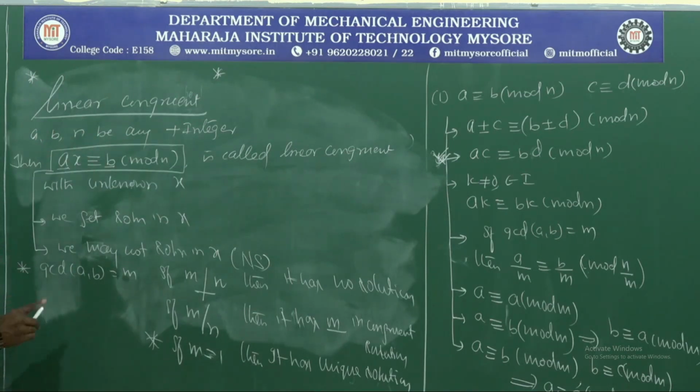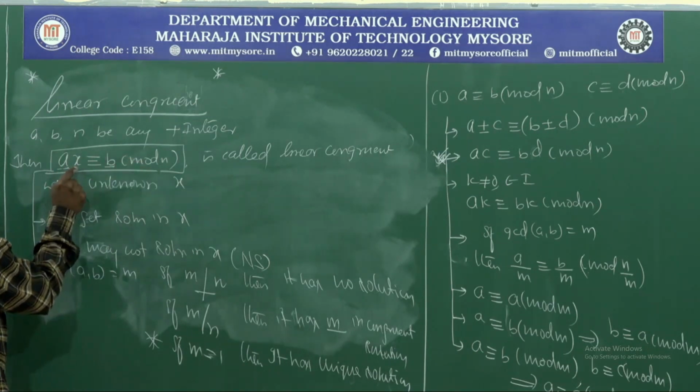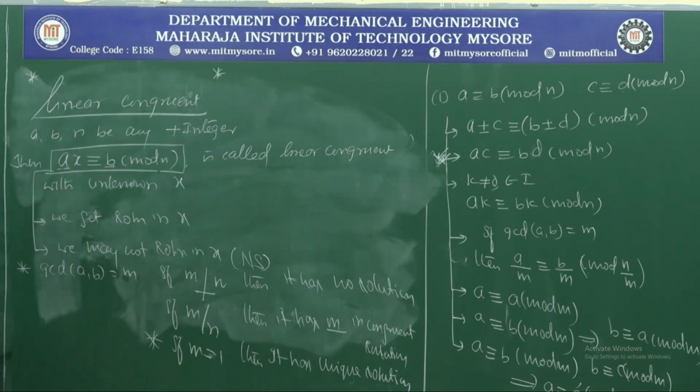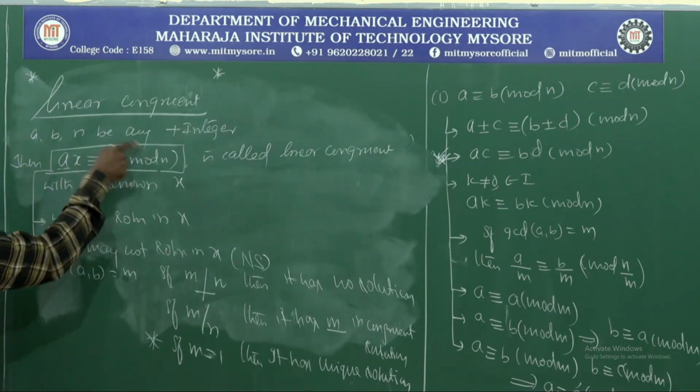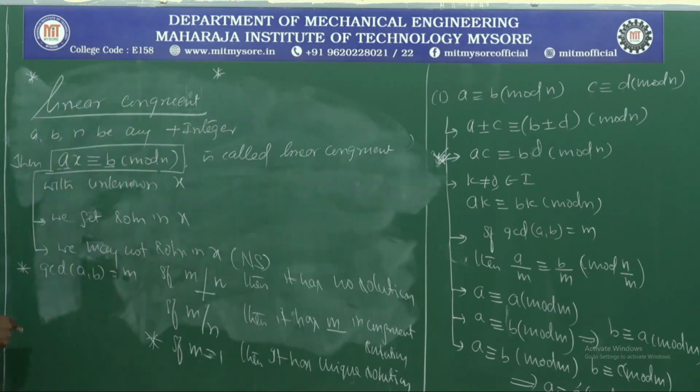This is the first typical case we are going to come across in number theory, or I can say the fundamental component required for the application part. Ax congruent to B modulo n, where x is an unknown value, and you may be required to find the value of x satisfying this particular expression.